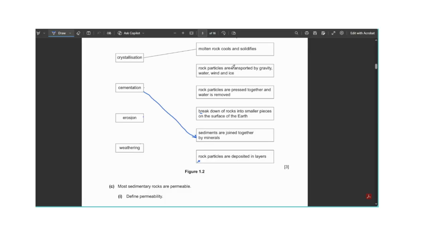Rock particles are transported by gravity, water, wind and ice: breaking down with gravity, wind, water and ice is basically erosion. Weathering is breaking down of rock into smaller pieces on the surface of the earth. Fine, there we go with the 3 marks.